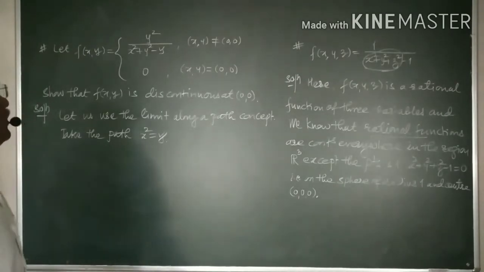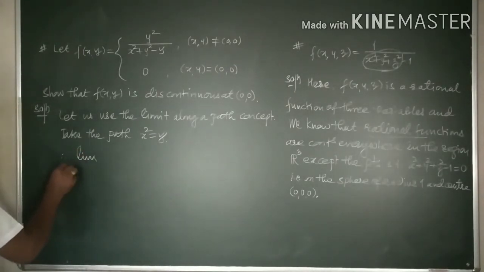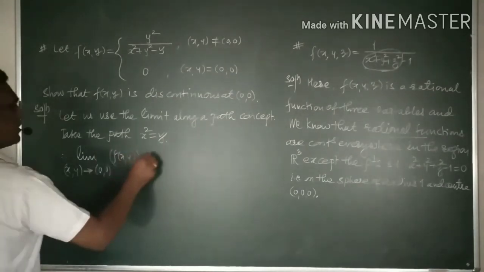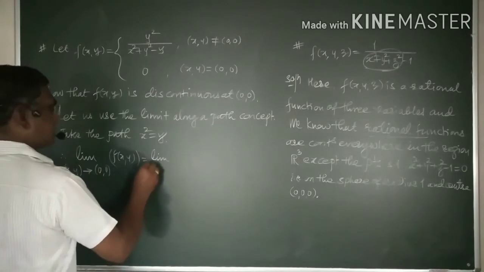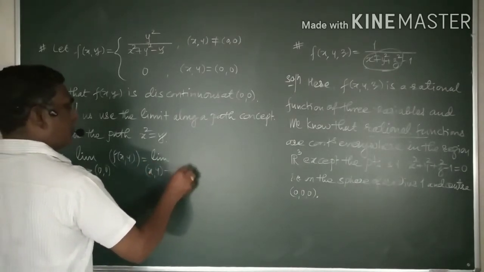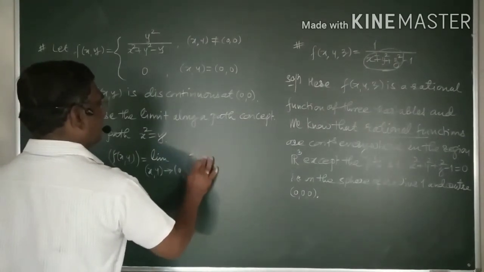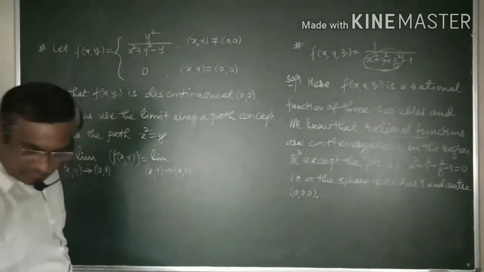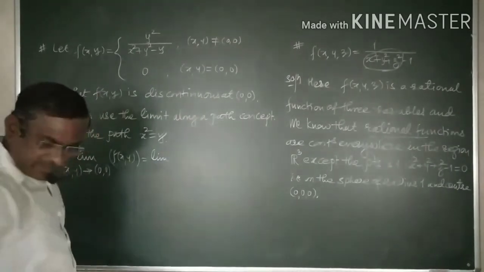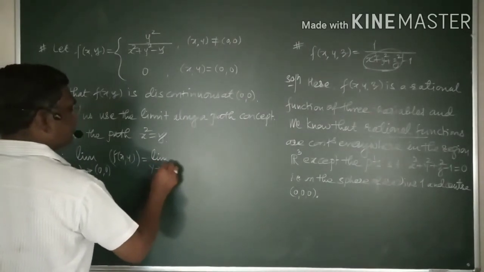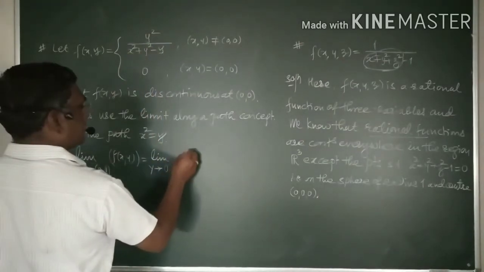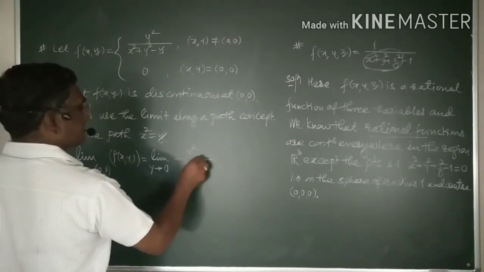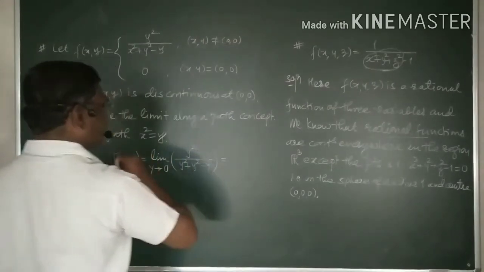Therefore, the limit as x, y tends to 0, 0 of f of x, y becomes, with x square equal to y, the limit as y tends to 0 of y square plus y square minus y, as we are considering x square as y, which is equal to what?